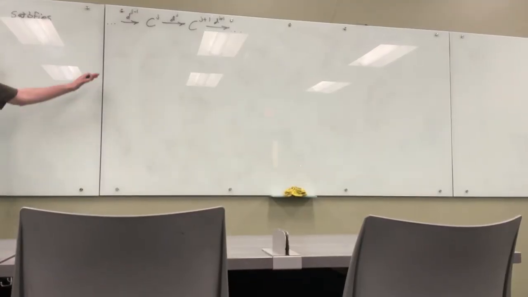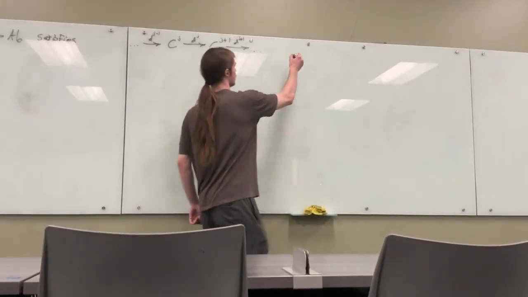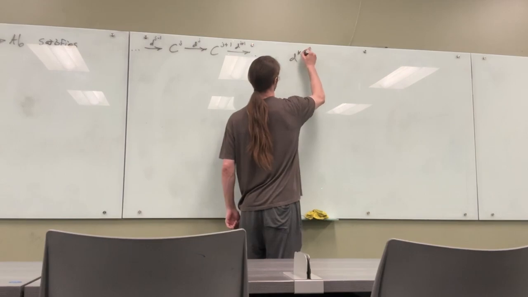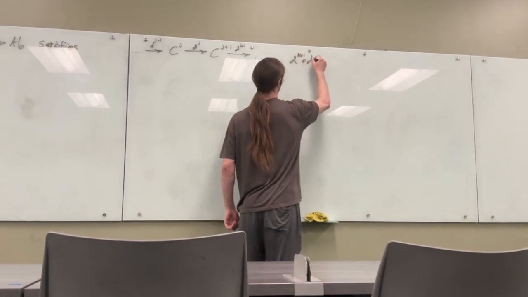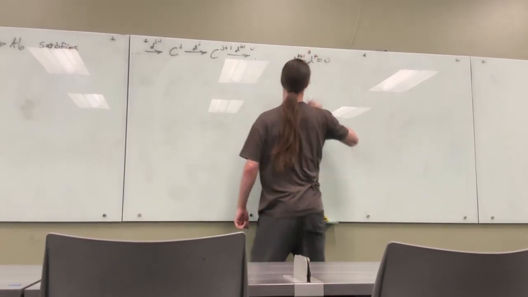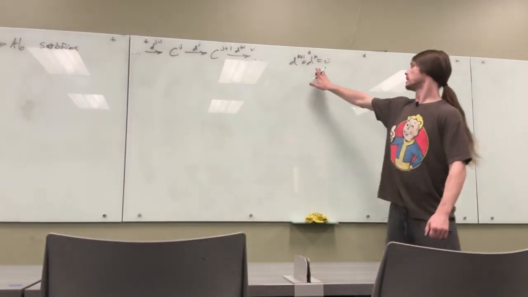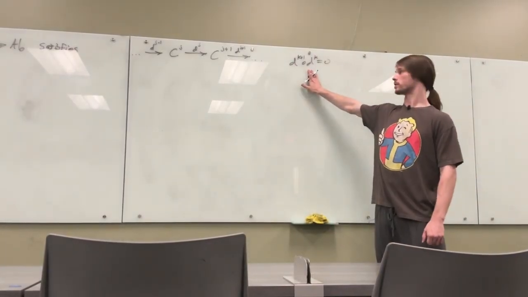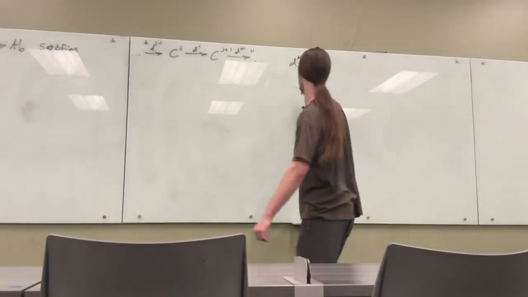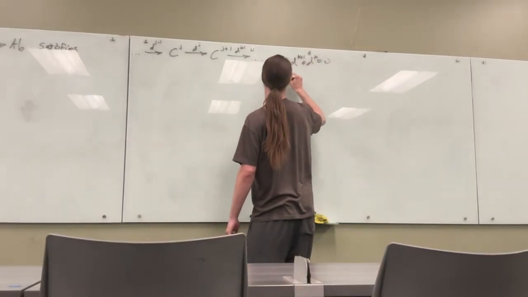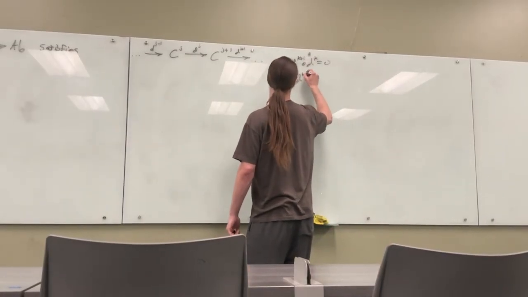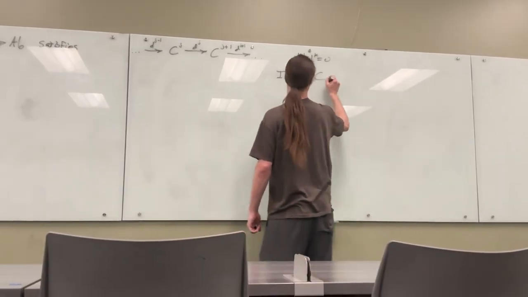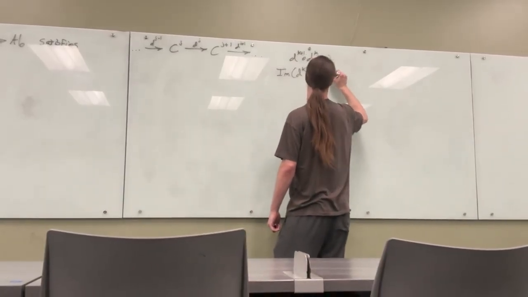The fact that two subsequent co-boundary morphisms compose to 0 is equivalent to the statement that the image of this co-boundary morphism lies in the kernel of this co-boundary morphism. So the image is contained in the kernel.